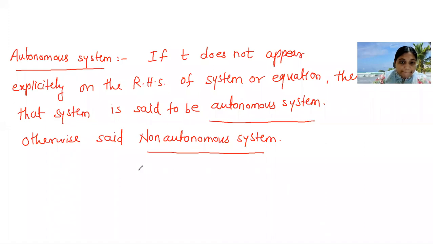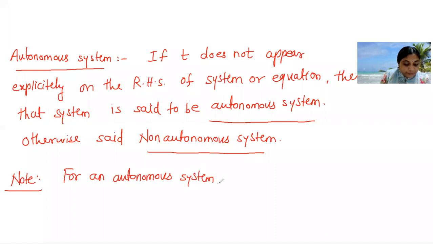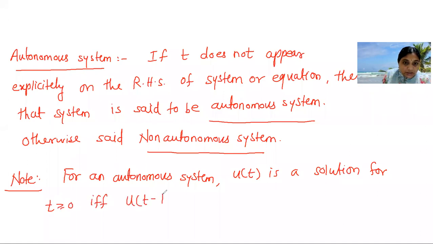Is that okay? Note that for an autonomous system, u t is a solution for t greater than or equal to 0 if and only if u at t minus t0 is a solution for t greater than or equal to t0.